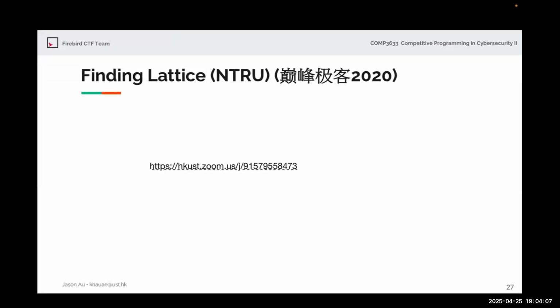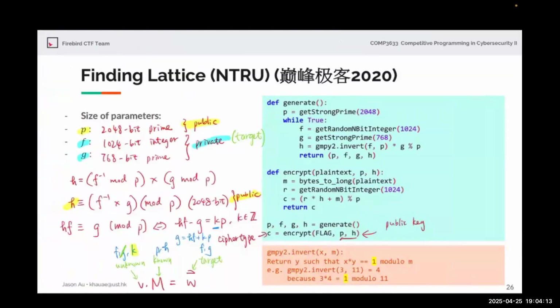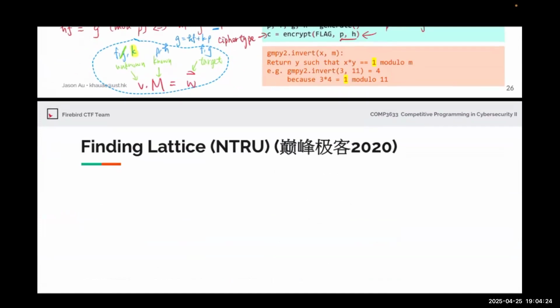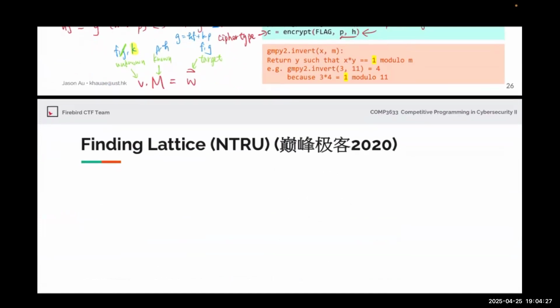Okay, so we want to put something inside V, M, and W. W is very obvious, F and G. And M should be a transformation matrix, so it has 4 elements here.